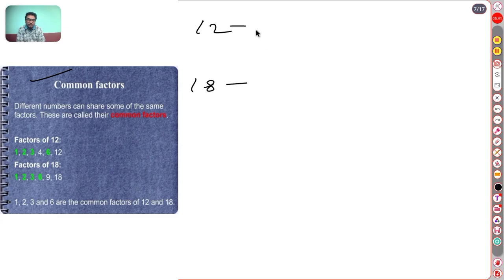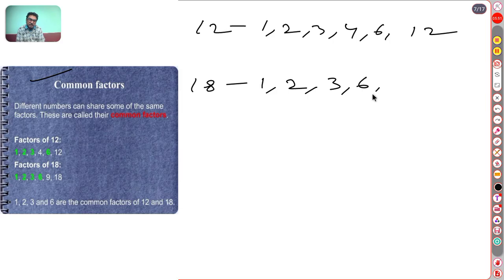The factors of 12 are 1, 2, 3, 4, 6 and 12, and the factors of 18 are 1, 2, 3, 6, 9 and 18. Here the numbers which are in both the factor series are 1, 2, 3 and 6.